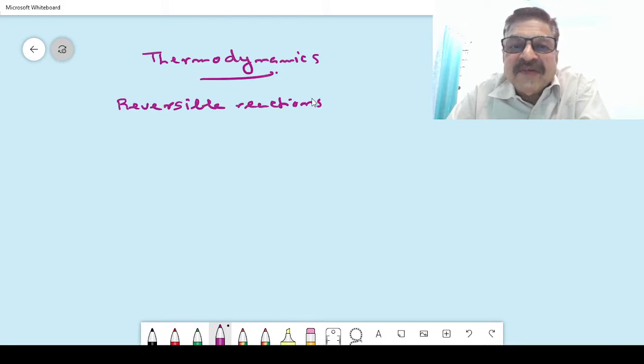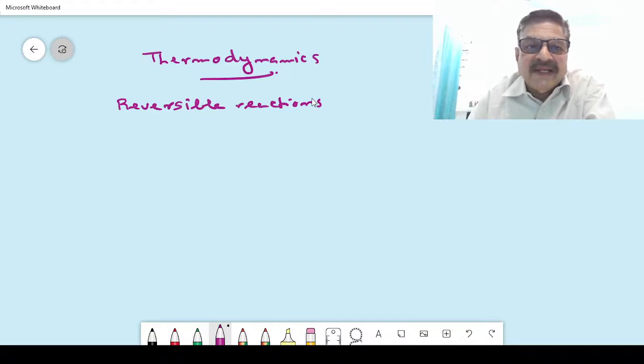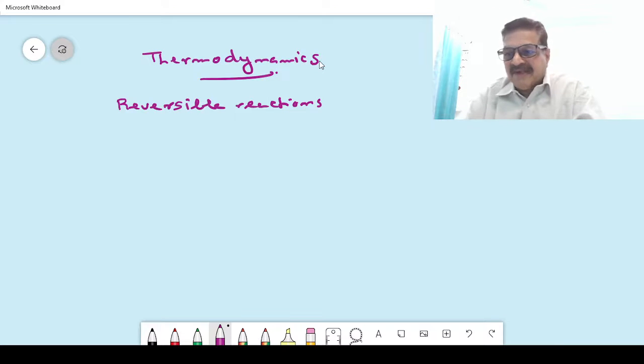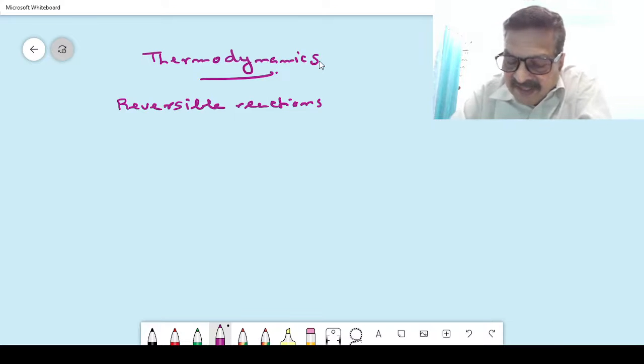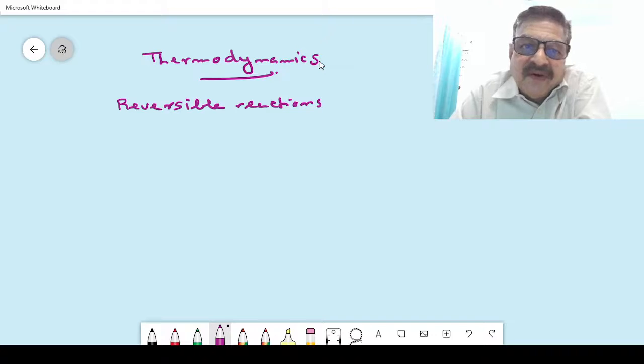The bond has a strength. When bonds are formed, energy is released. When bonds are broken, energy is supplied. Therefore, it is in the nature of a potential energy. So that is the relative energies of the reactants and the products.